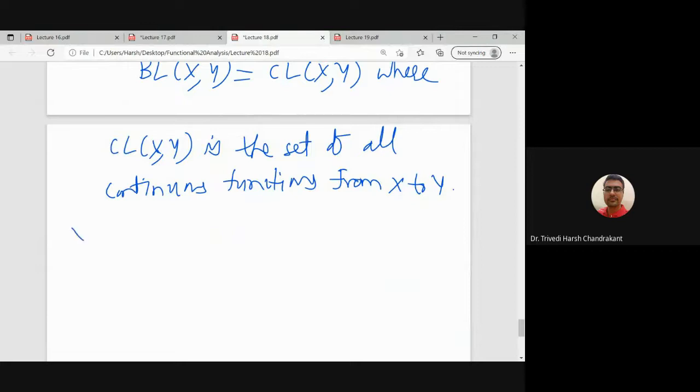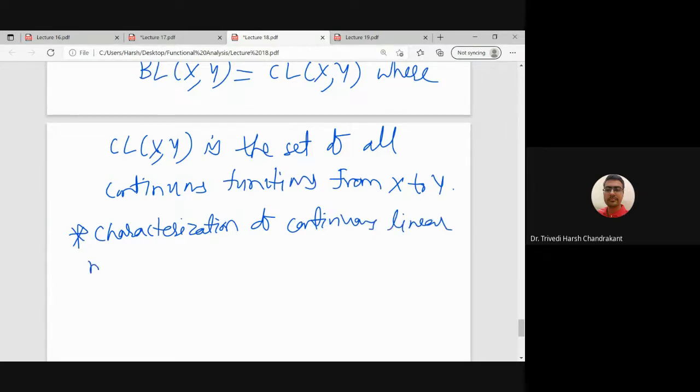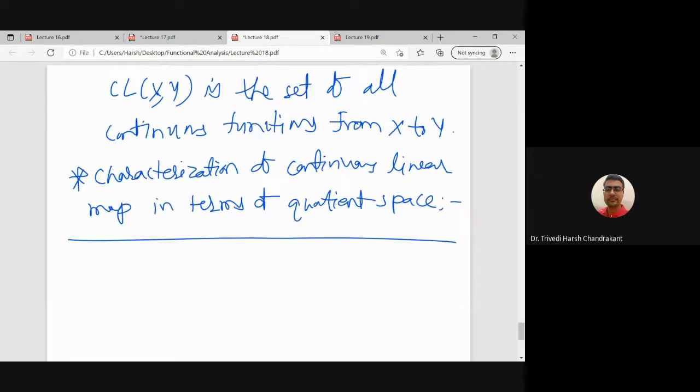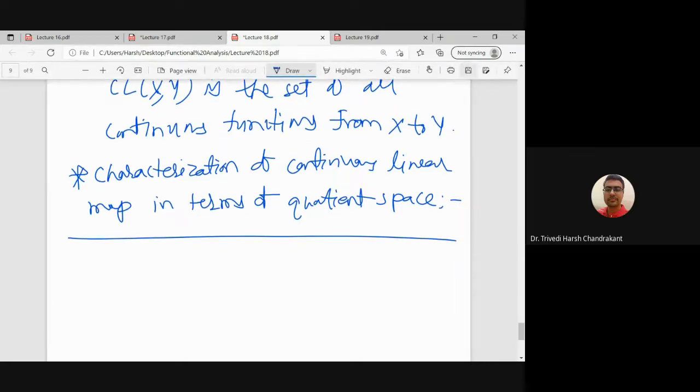So that is the characterization of continuous linear maps in terms of quotient spaces, or quotient norm, basically. Quotient map.